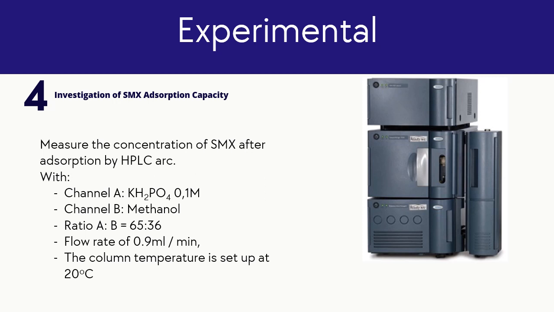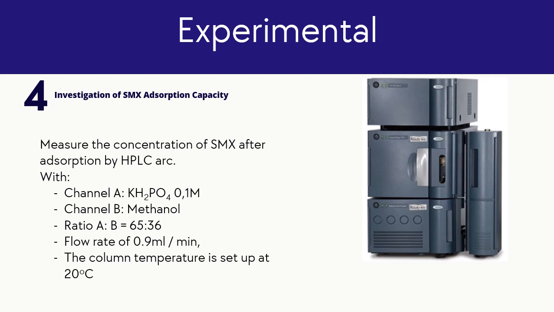The solution was passed through a C18 column, with the mobile phase consisting of 0.1 mol potassium phosphate monobasic and methanol, at a flow rate of 0.9 ml per minute for 10 minutes at a column temperature of 30 degrees Celsius.